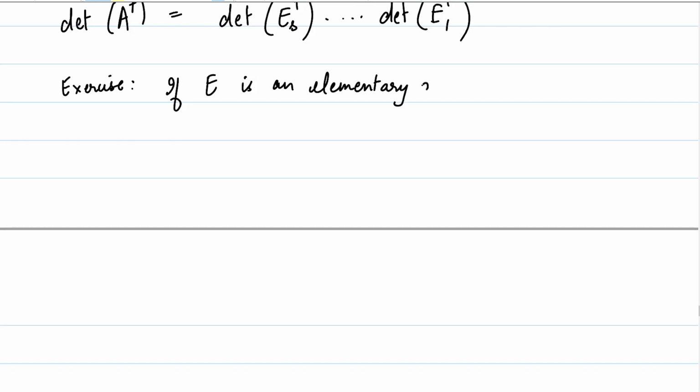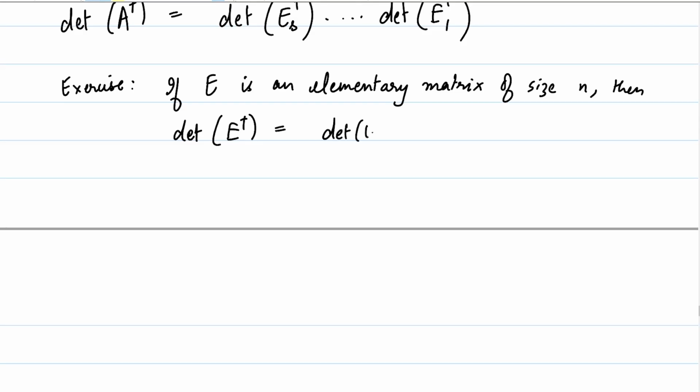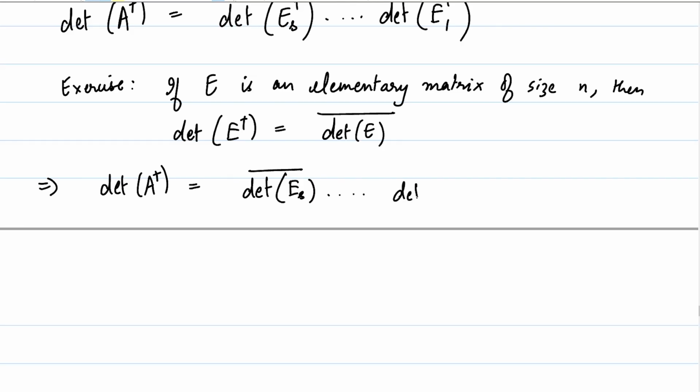If E is an elementary matrix of size n, then determinant of the adjoint of E is equal to the conjugate of the determinant of E. So using this exercise, the determinant of adjoint of A will just be equal to the conjugate of determinant of E_S times up to the conjugate of determinant of E_1.